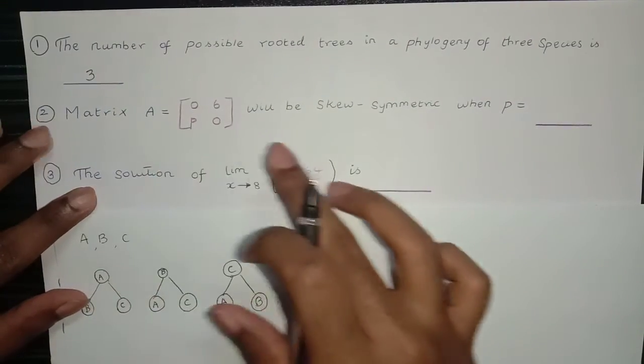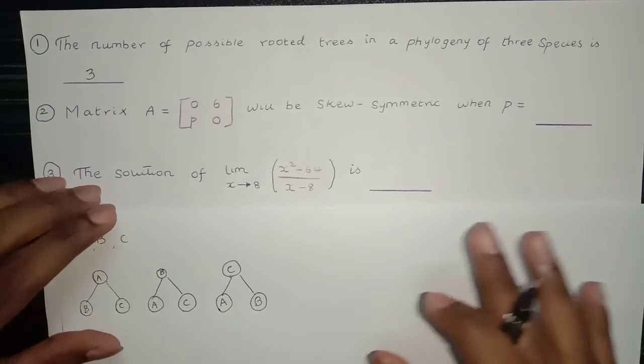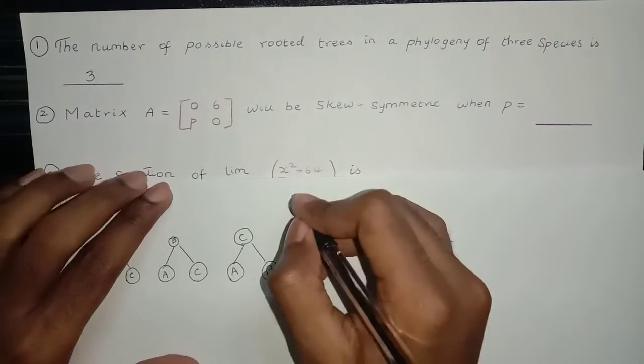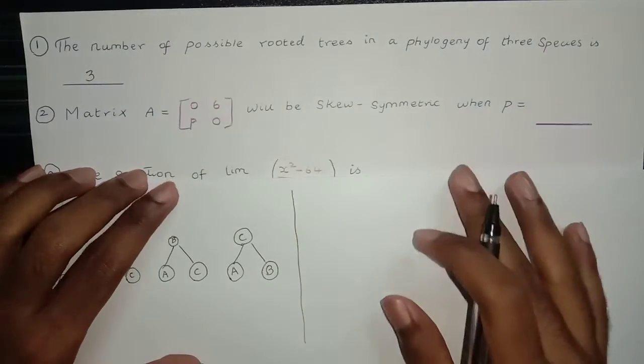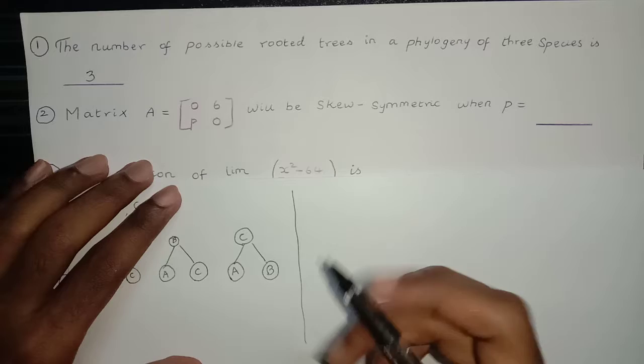Second, a matrix will be skew symmetric when P is equal to. Okay, let's first define. So generally we would be encountering these kind of questions where there are some simple conditions.